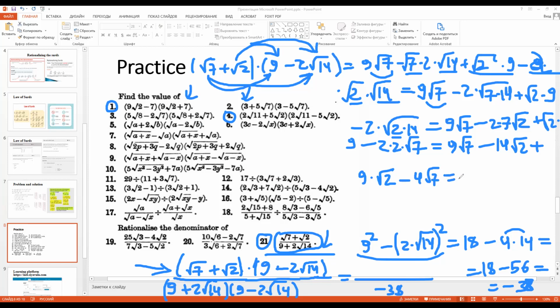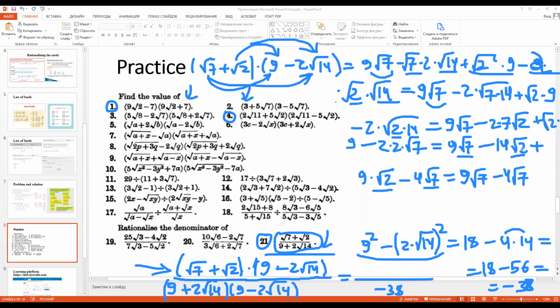Yeah, so look at this. This term has square root of 7. This term has square root of 7. It means you can pair them, right? So minus 4 square root of 7. And look at this. This one has minus, this one has square root of 2.